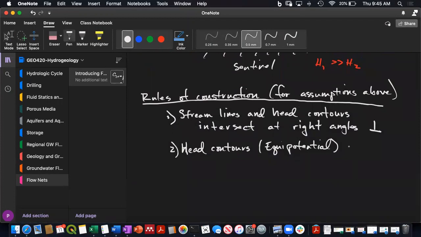Head contours intersect no flow boundaries at a right angle.